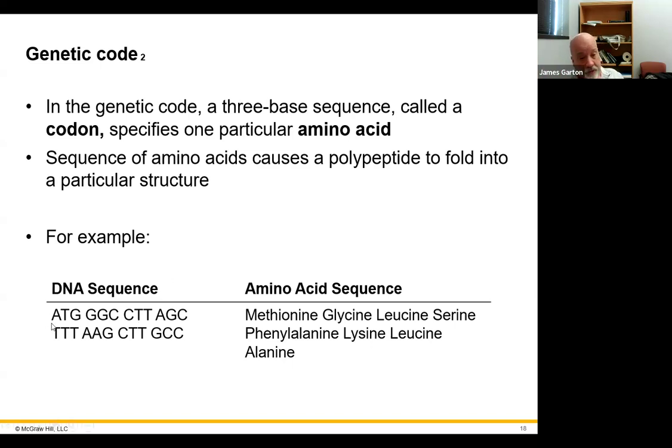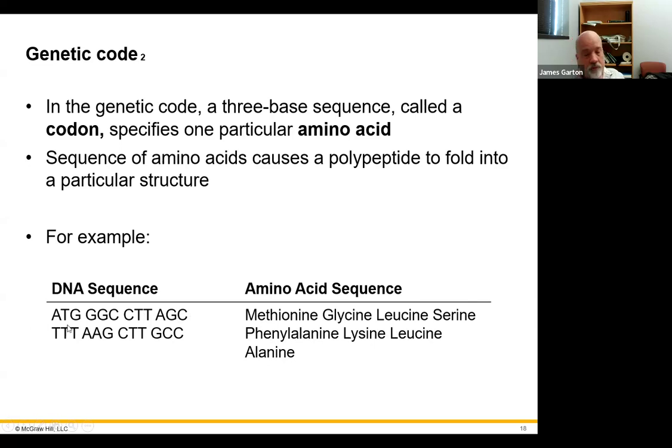And for example, they say there's examples of a DNA sequence: ATG, GGC, CTT, AGC. And they say that particular sequence will make the amino acid sequence methionine, glycine, leucine, and serine. And then there's another sequence, and that would make a different amino acid sequence. And you do not have to memorize these sequences.